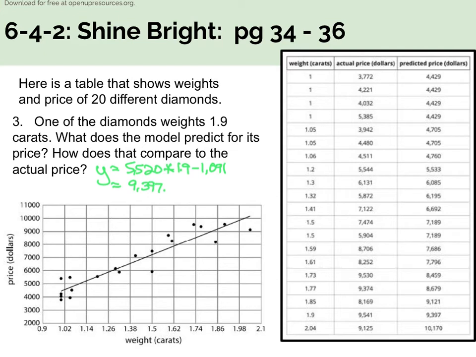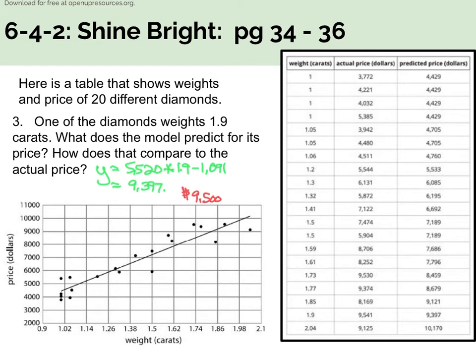Now, how does this compare to the model? The model is actually the graph. So let's look at the graph itself. On the graph, we have the 1.9, so 1.9 is somewhere in this area, right? And so that amount is going to be around 9,500. Okay, so 9,500-ish.